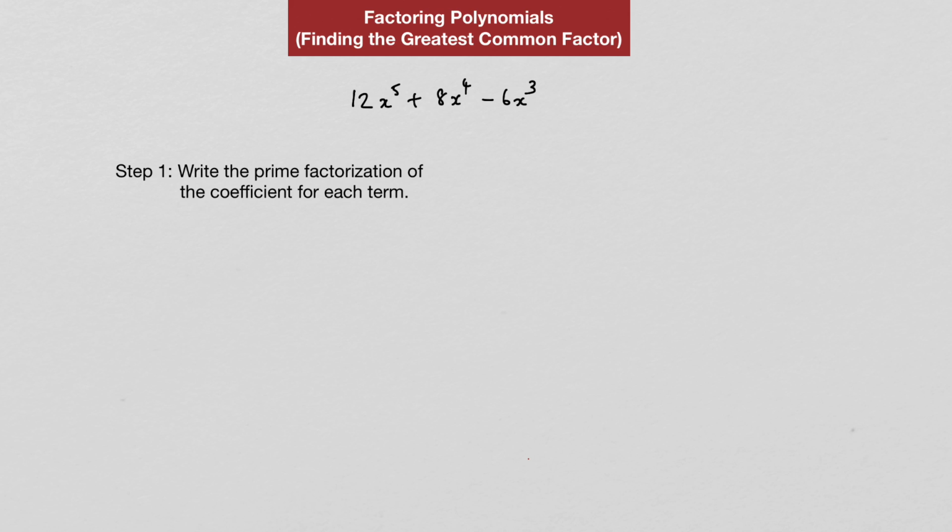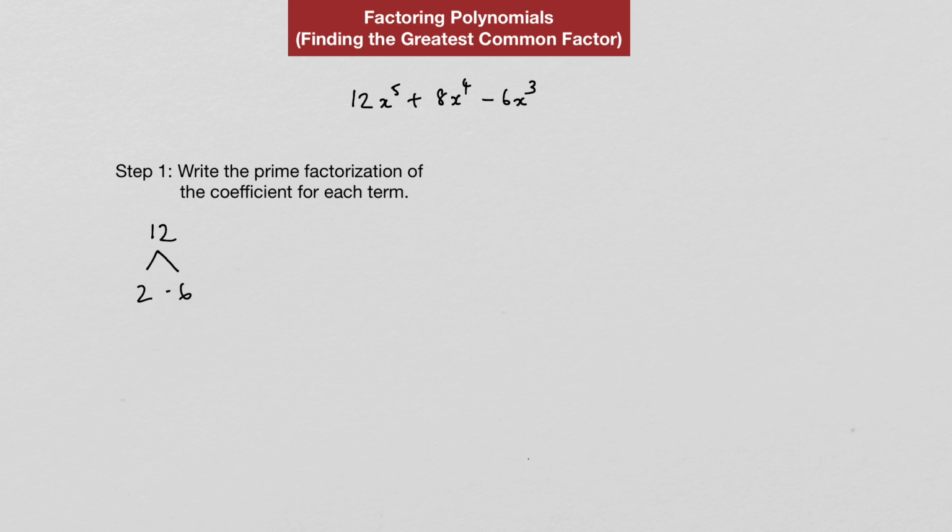Okay, so we're going to take the number 12, which is my first coefficient, and break that down to the factors 2 and 6. You could do that with 3 and 4. It really doesn't matter. It comes out to the same answer. You'll see that the number 2 is a prime number, and that cannot be factored any further.